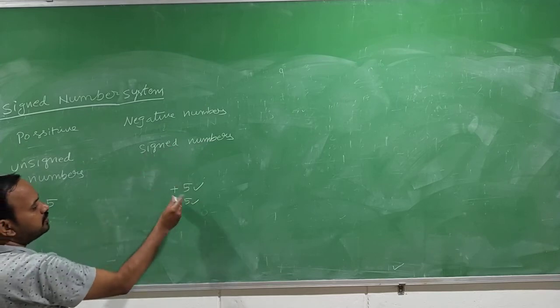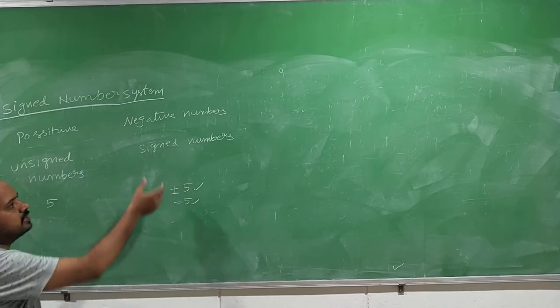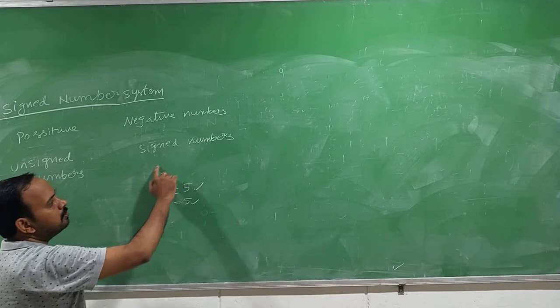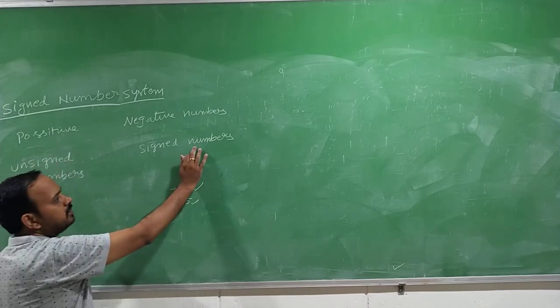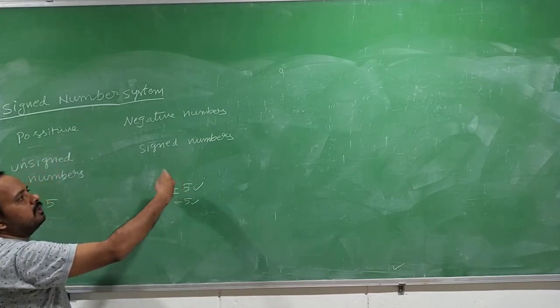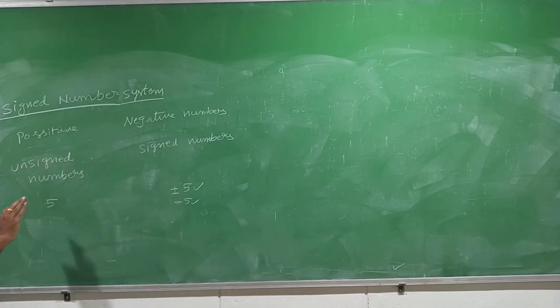So signed numbers cover both positive and negative numbers, but unsigned numbers tell only about positive numbers. Signed numbers may be positive or negative, but unsigned numbers are completely positive.